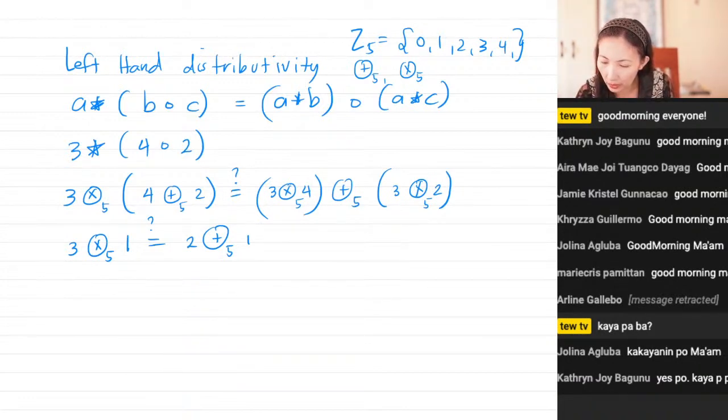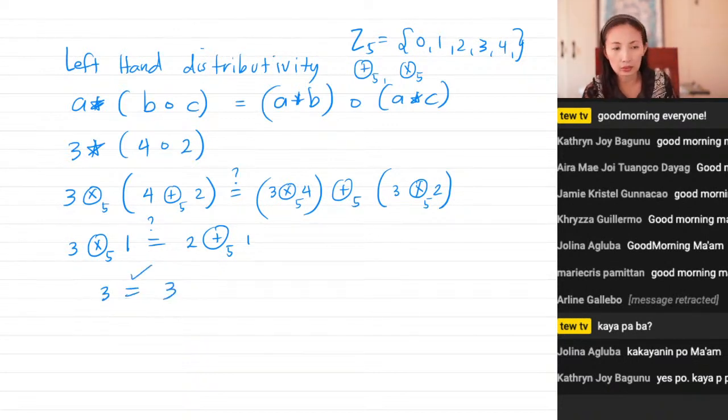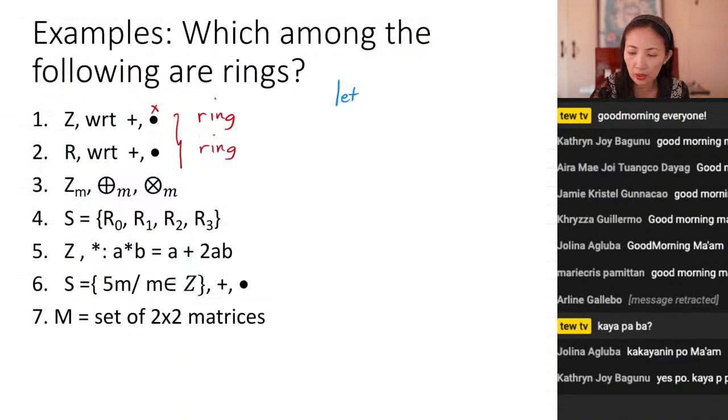Three times 4 plus 2, 6 modulo 5 is 1, times 3 is 3. Okay, that's right. 3 is equal to 3. So this is checking on left-hand distributivity. So for sure, this is a ring. This is also a ring.